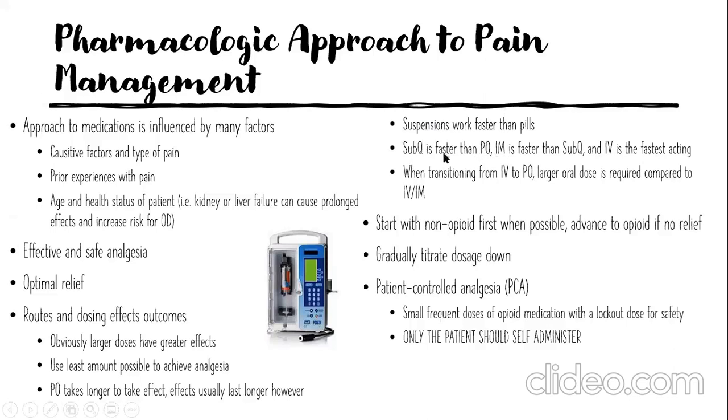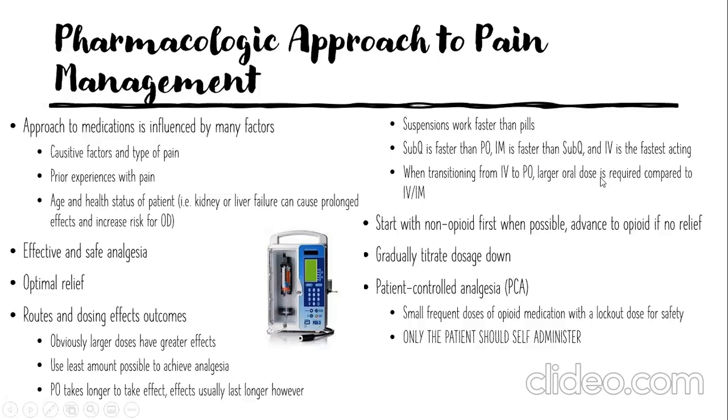Sub-Q, which is like your insulin injection, is going to work quicker than oral. Intramuscular is much faster than sub-Q or oral because there are all those blood vessels in your muscles. Same with sublingual, which I didn't put in here, giving it under the tongue. Again, it's going to get absorbed a heck of a lot quicker.